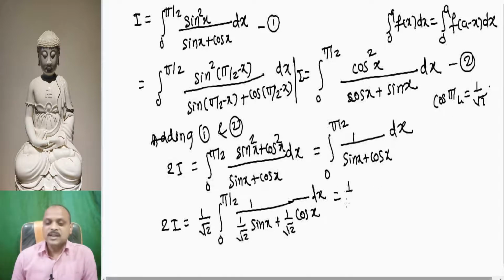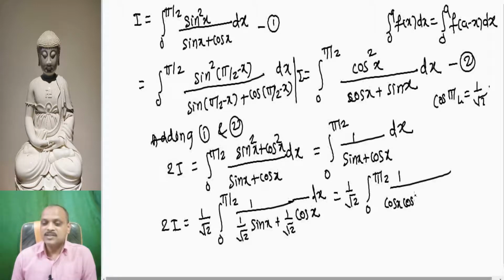So this is nothing but 1 divided by under root of 2 integration 0 to pi by 2 1 divided by cos x into cos pi by 4 plus sin x into sin pi by 4.